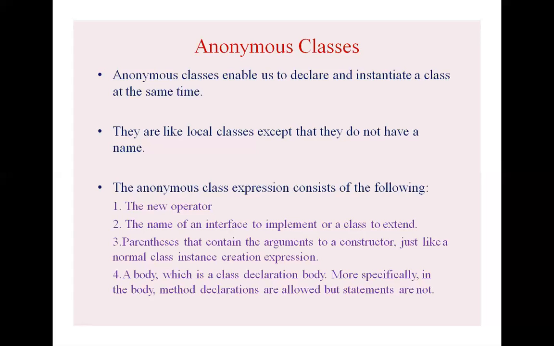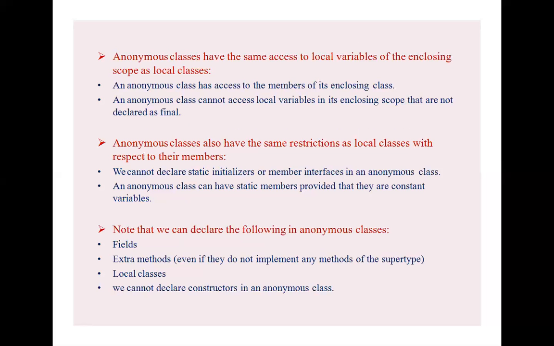statements are not allowed. Anonymous classes have the same access to local variables of the enclosing scope as local classes. An anonymous class has access to the members of the enclosing class. An anonymous class cannot access local variables in its enclosing scope that are not declared as final.